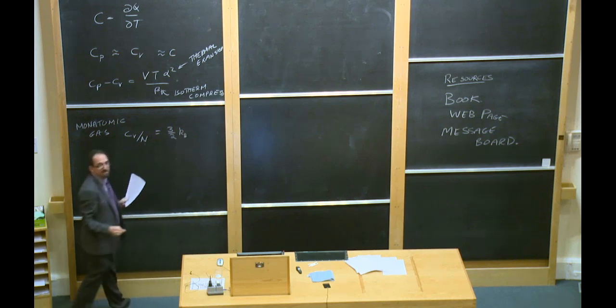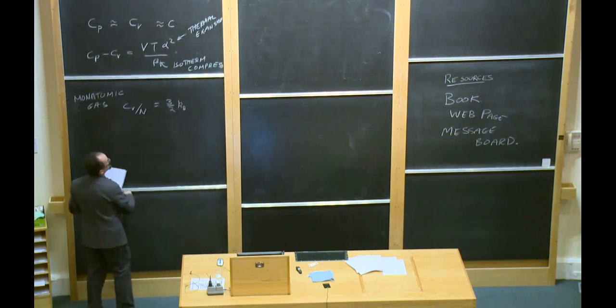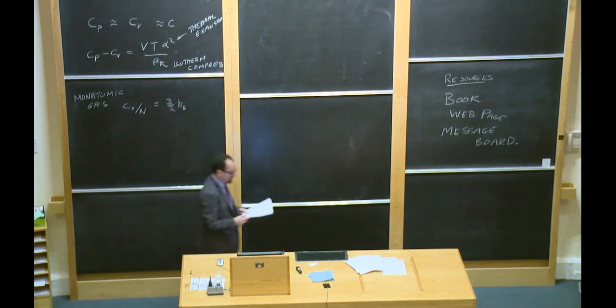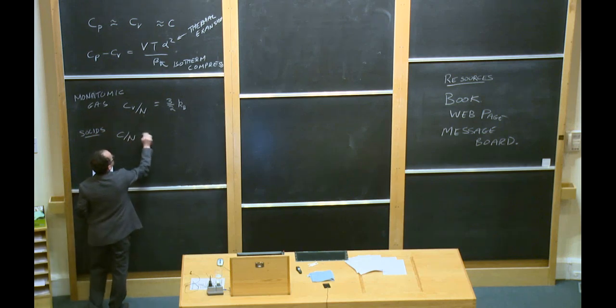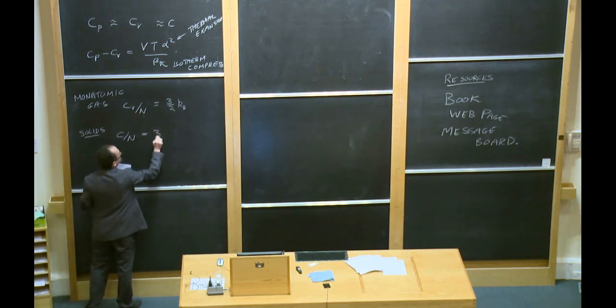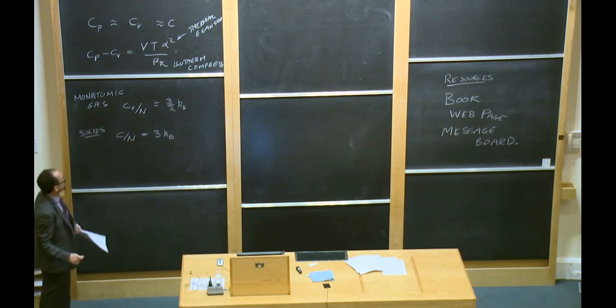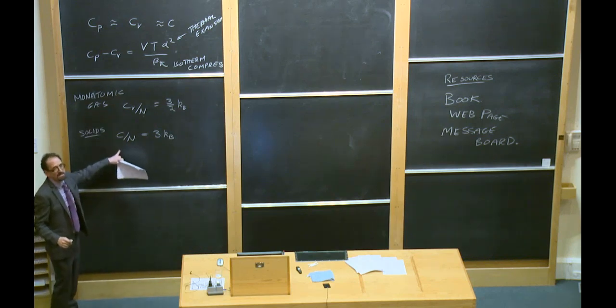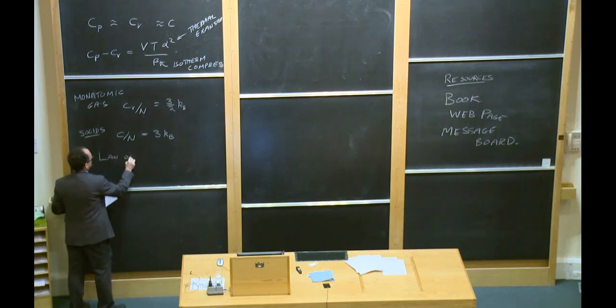Does that look familiar? Yeah? OK, good. I'm glad. Well, it turns out that there's a very similar law for solids. For solids, C over n, the heat capacity per atom, is 3 kB. And I didn't specify Cv or Cp, as I explained. This law, that C over n is 3 kB, is known as the law of Dulong-Petit.